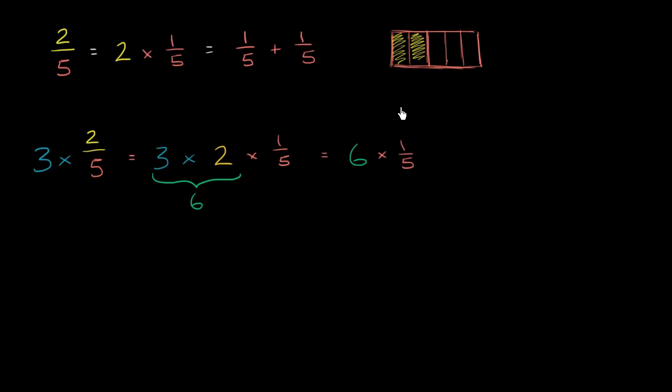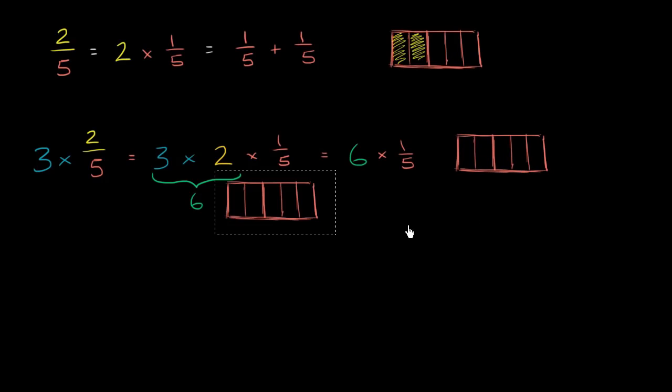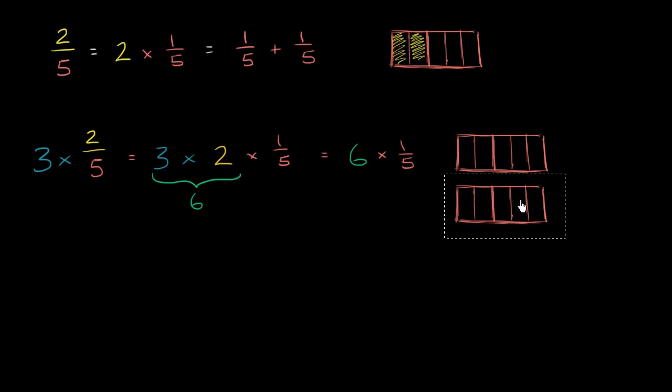And if we were to try to visualize that again, so that's a whole, that's another whole. Each of those wholes has been divided into 5 equal sections. And so we're going to color in 6 of them. So that's the first fifth, second fifth, third fifth, fourth fifth, fifth fifth, and that gets us to a whole.